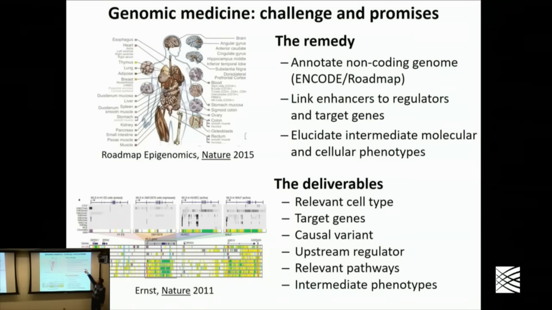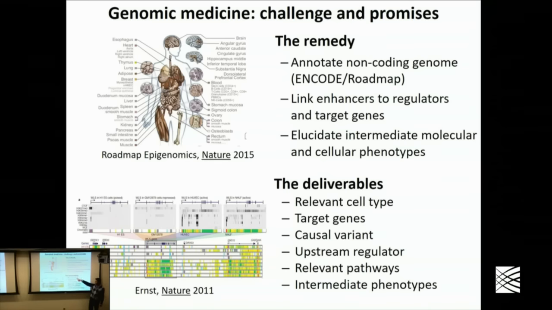So how do we link these non-coding control elements to both their target genes and their upstream regulators in order to understand who is the controller that flips that switch normally and what happens when that switch is broken? You need to actually understand the controller which actually flips that switch. And how do we understand the intermediate molecular phenotypes and cellular phenotypes? So this is the promise, the remedy to the challenge that we have.